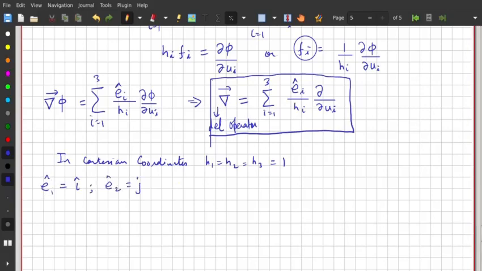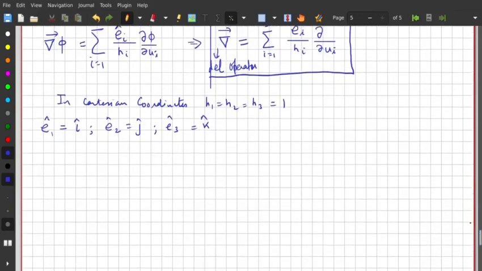E2 is j and E3 is k. Okay, so as ijk satisfies the cyclic rules in cross product, the same is applicable for E1, E2, and E3. That means we'll have E1 cross E2 giving E3.